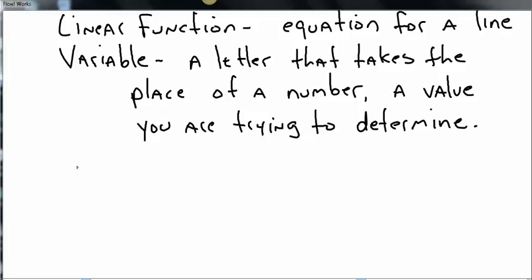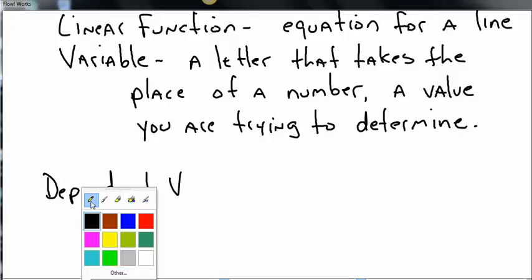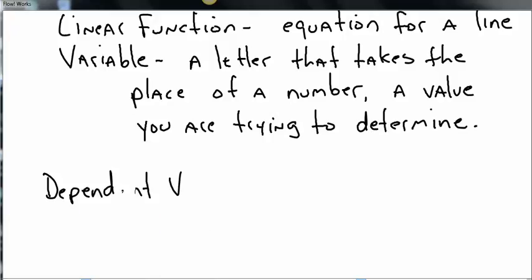All right, you got a dependent variable. And I spelled it wrong again, didn't I? All right, the dependent variable.